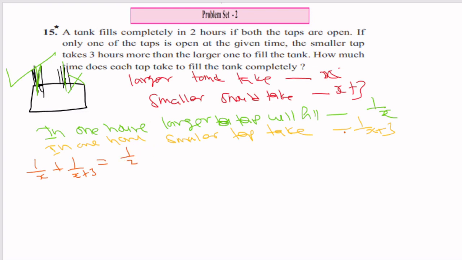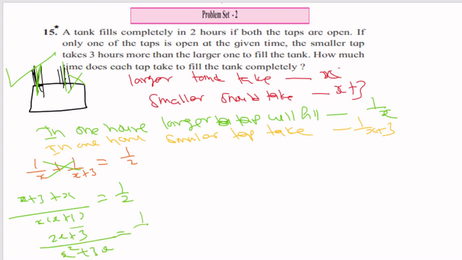Now we need to solve this. How to solve? We know that we cross multiply. So it will be x plus 3 plus x divided by x(x plus 3) equal to 1 by 2. Now this will be (2x plus 3) divided by x square plus 3x equal to 1 by 2.